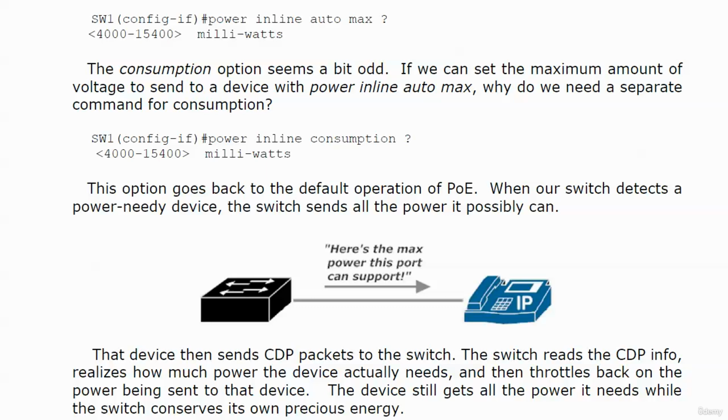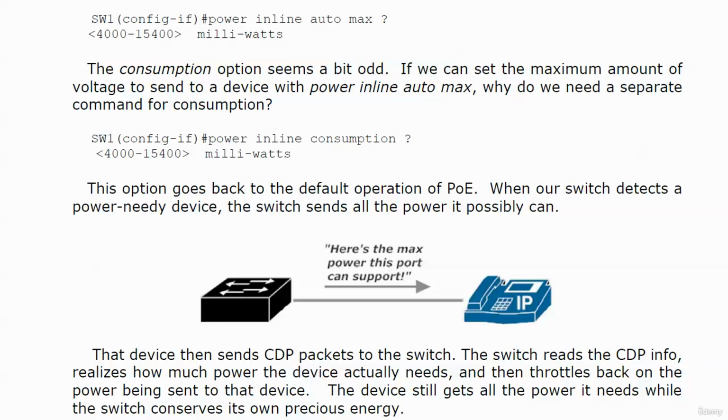It's going to send all the power that that particular port is allowed to send. In turn, the device that's getting the power is going to send CDP packets to the switch. And of course, that's how we were able to see we had a Cisco IP phone. Now, the switch reads the CDP info, realizes how much power the device actually needs, and then throttles back on the power being sent to that device.